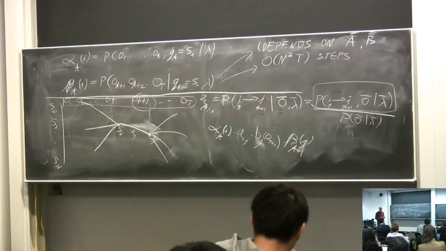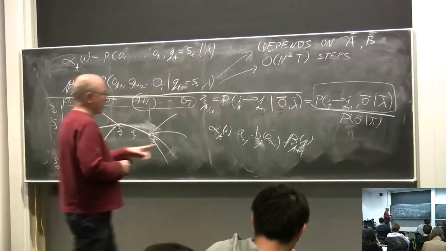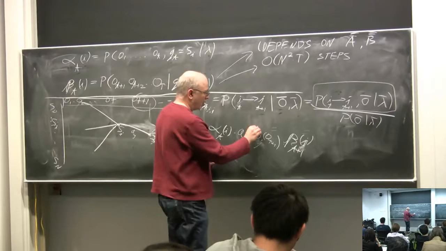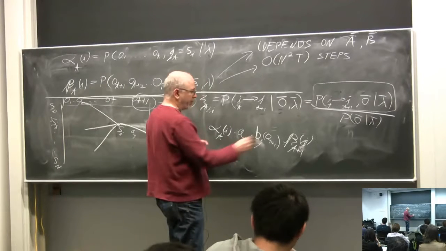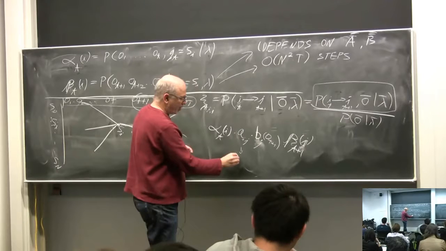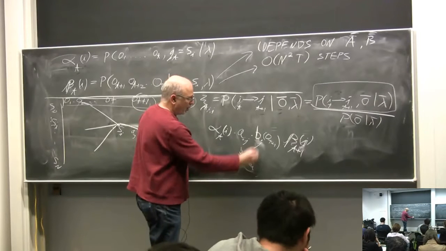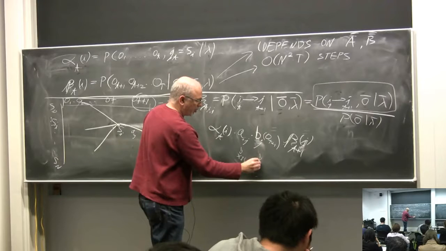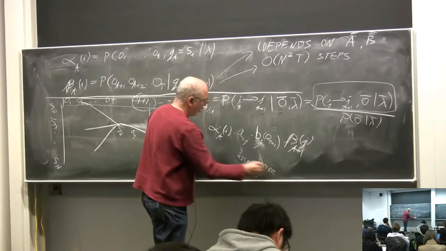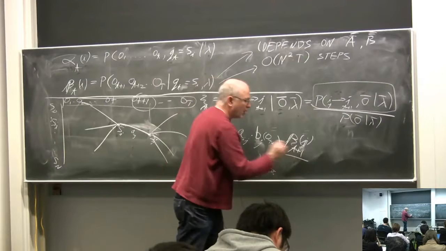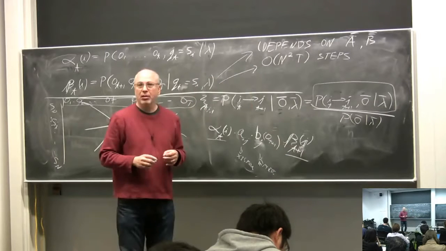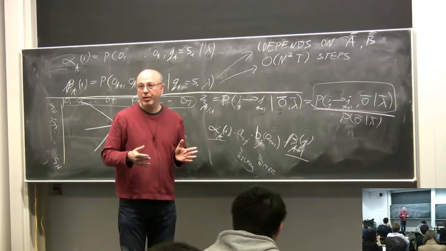Is the beta, big beta table accounting for emitting symbols afterwards, or? Not beta, no, this is B. So there's a big difference between A, B, and alpha, beta. A is the transition probabilities. B is the emission probabilities. Alpha and beta are a different kind of creature.